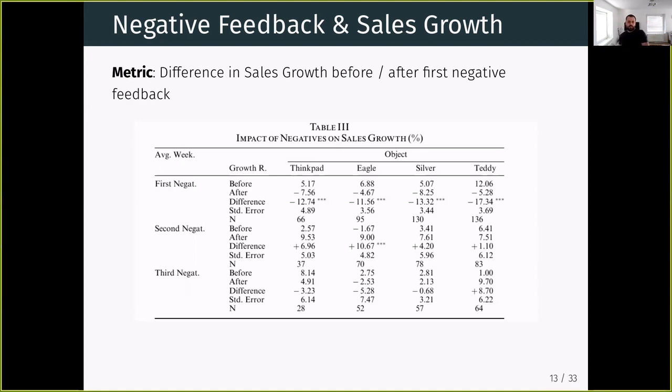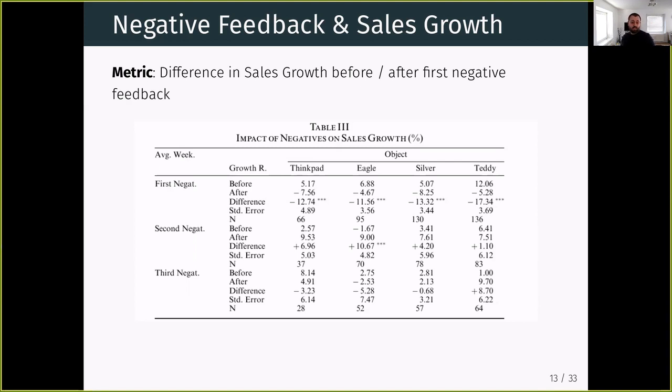So across these 4 categories that they display here, we see that the difference when you get your first negative comment, the difference in sales growth is really large. So for ThinkPad, so for computers, if we just read off that number of minus 12.74, what that's telling us is there's a 12.74% decrease after your first negative comment that's left on eBay.